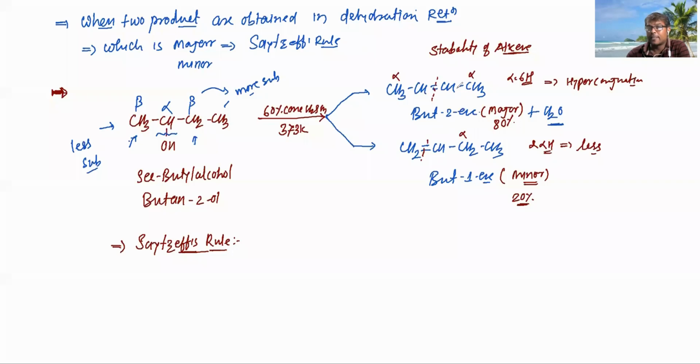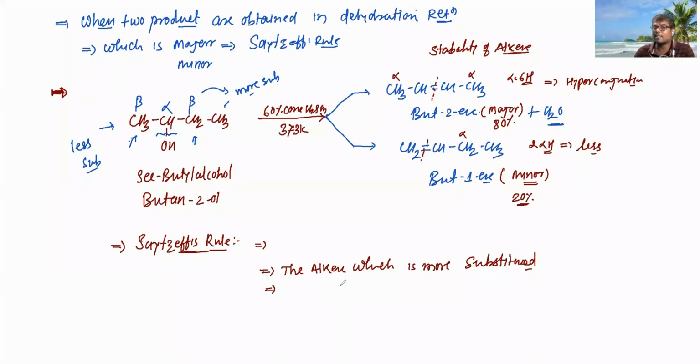Therefore, according to the Saytzeff rule, whenever two or more alkenes are obtained in elimination or dehydration reactions, which alkene is the major product? The alkene which is more substituted is the major product in the reaction, and the alkene which is less substituted is the minor product.